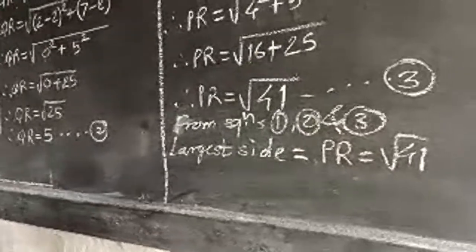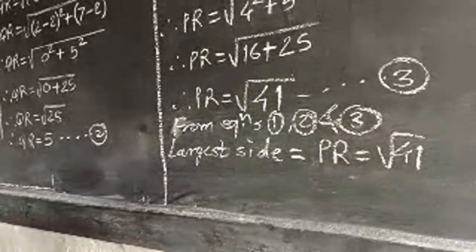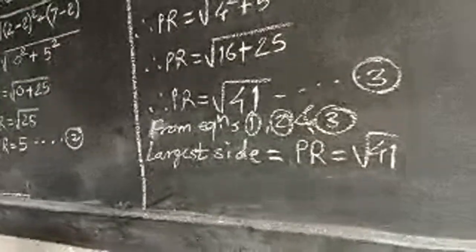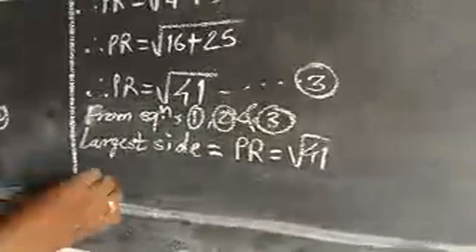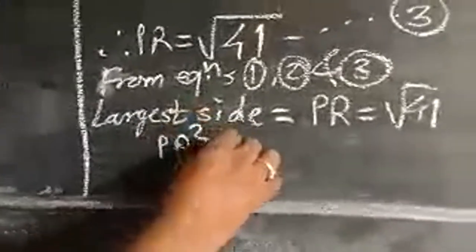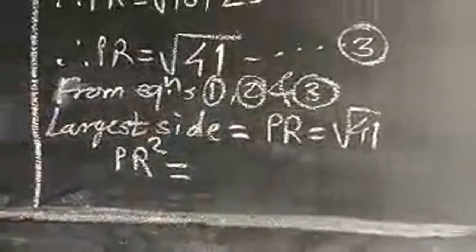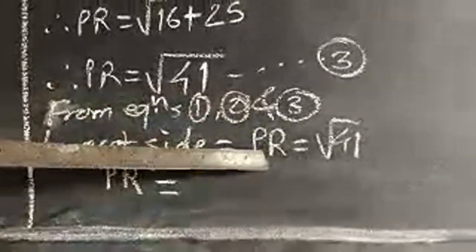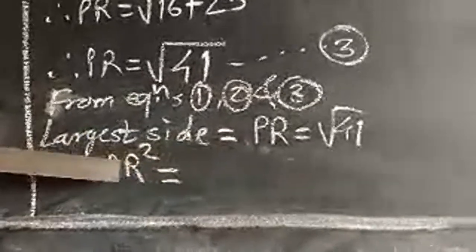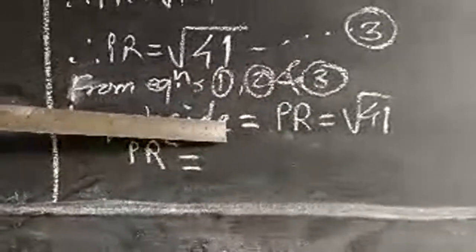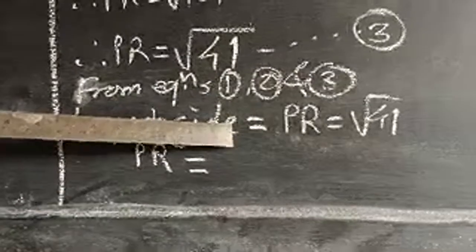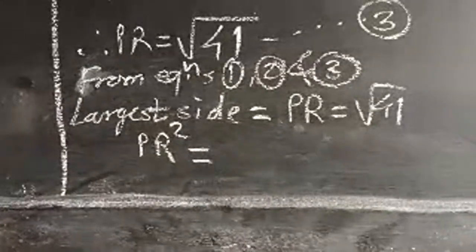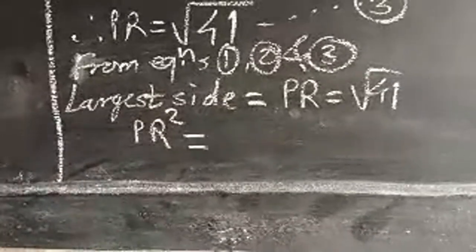Small mistake. Yes, PR square. We write the square here. First we find the largest side, then we find the largest side's square, and after that the next step. That step we discuss after some time.